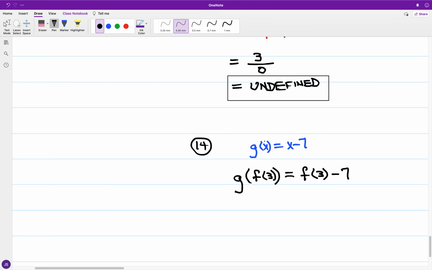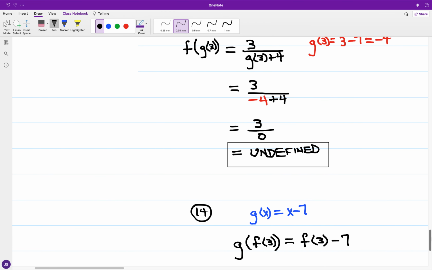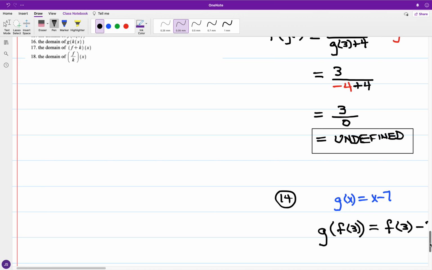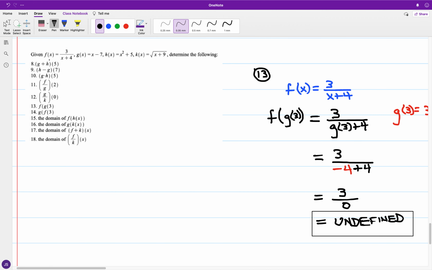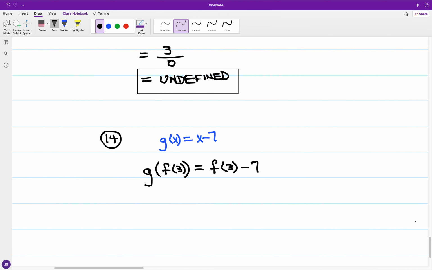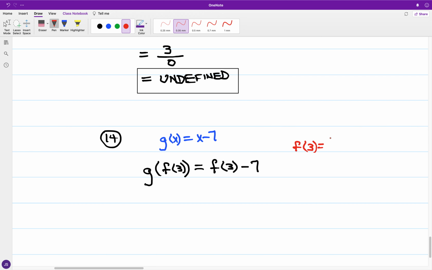And looking at what we have for f of 3, with our function f of x equal to 3 over x plus 4, f of 3 is equal to 3 over 3 plus 4, so this will come out to 3/7.